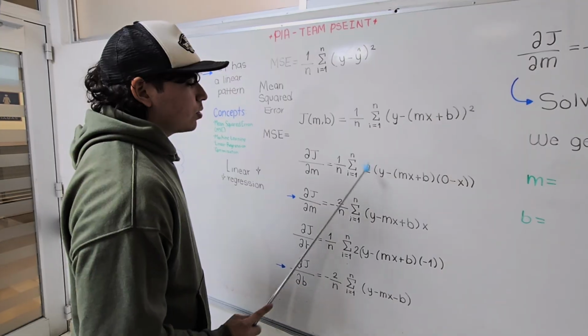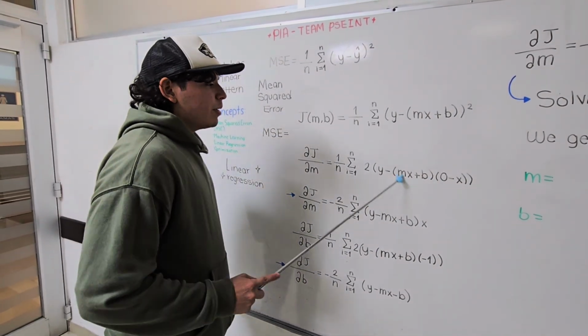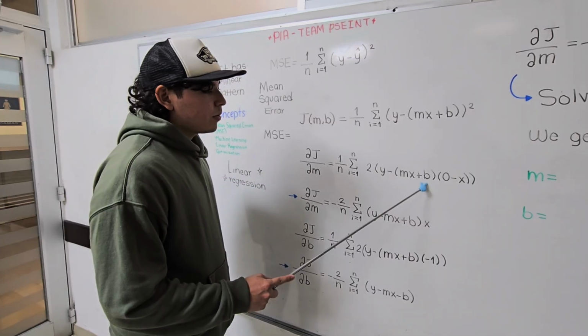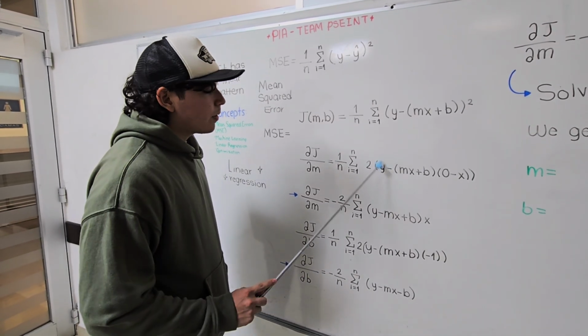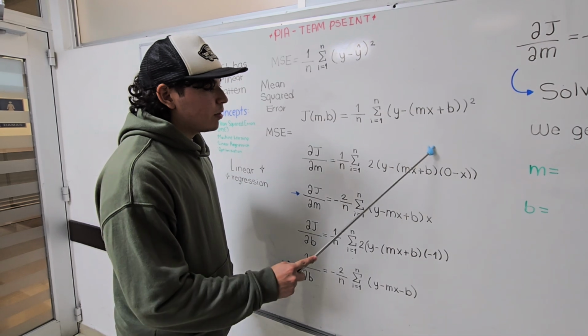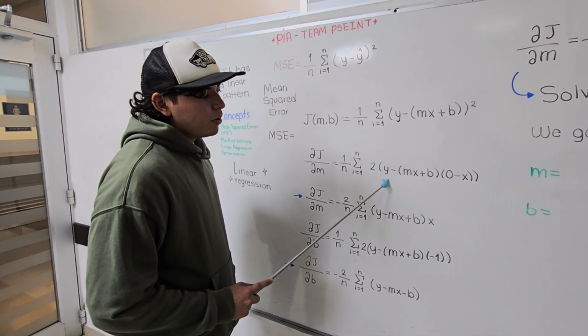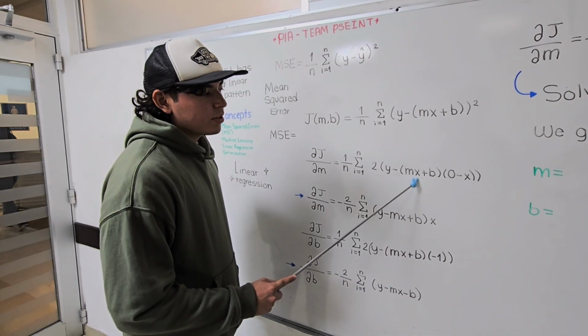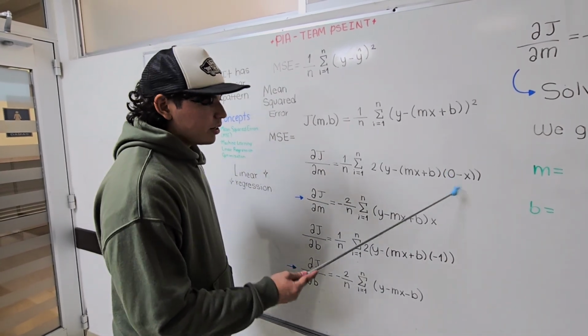So the 2 goes here, minus 1, so it's only 1. And then we derive what's in the center. Y and b are constants, so they're 0. M is derivated into 1. So we basically have here minus 0 minus 1x. 0 minus x. And this is just minus x.